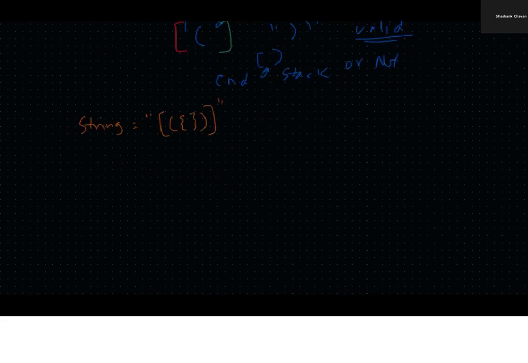This is our stack. We found the square brace, we pushed it. Then we found the round brace, we pushed it. Then we found the curly brace, we pushed it.